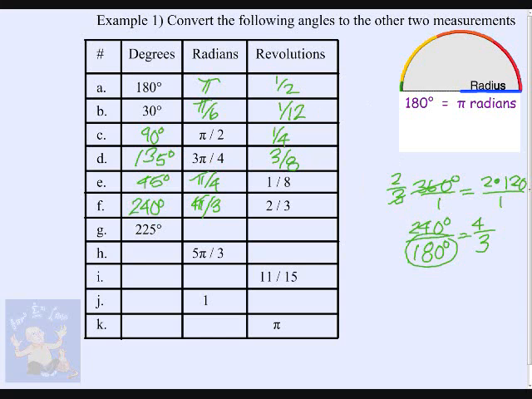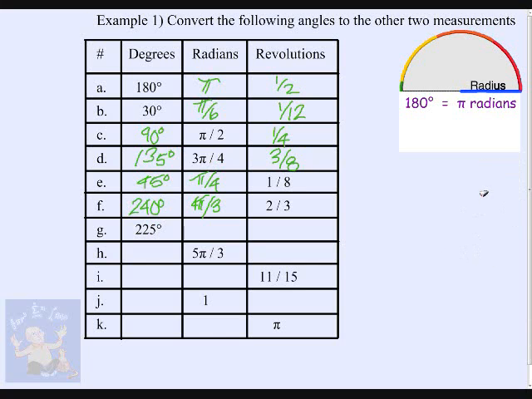Okay. The next one, we've got 225 degrees. So we're going greater than a semicircle, going greater than the 180. That's greater than 1 pi, isn't it? 1 pi is 180. So well, how much greater is it? 225 degrees. What's the ratio here? Well, I think I can divide both of these by 45 degrees.